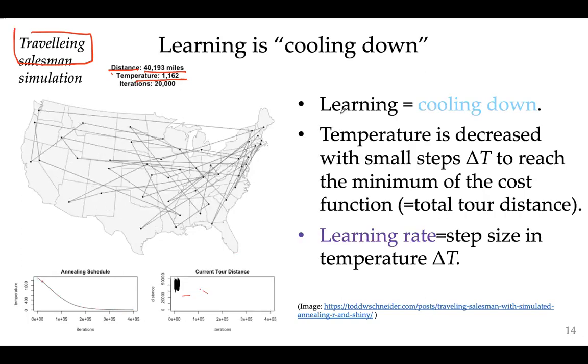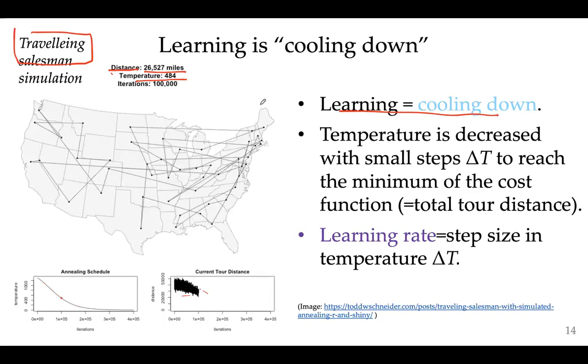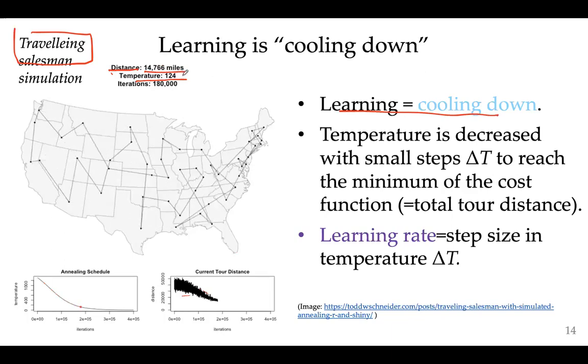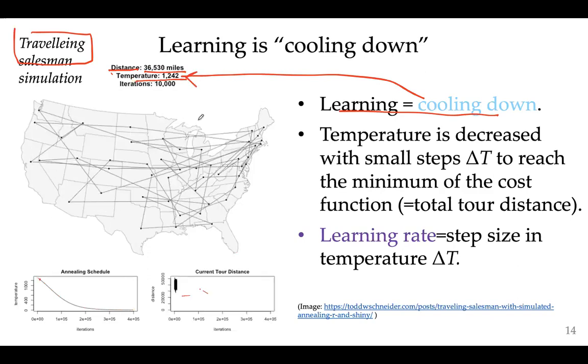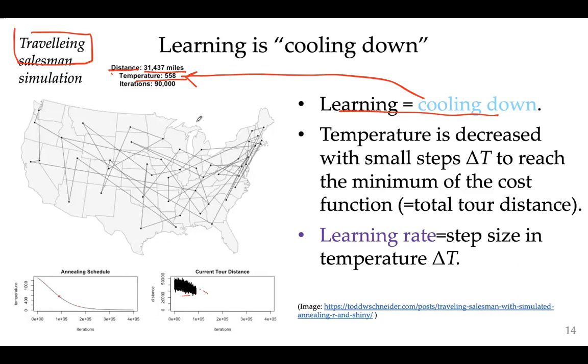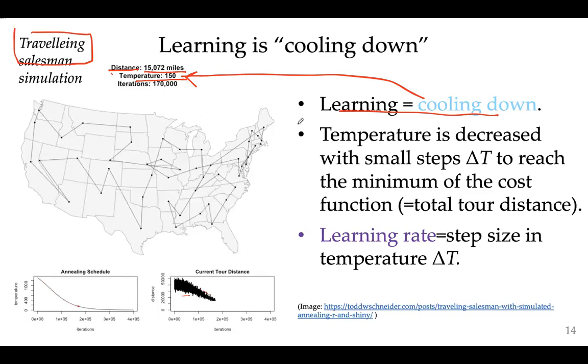So learning is cooling down, in the sense that if we think about this temperature, it's cooling down. Again, it's not a real temperature in the physical sense, but just a parameter. But we can think of it as the same idea as in statistical mechanics.